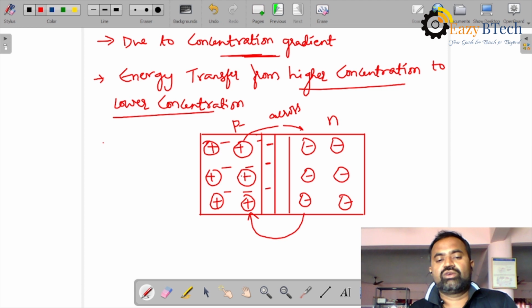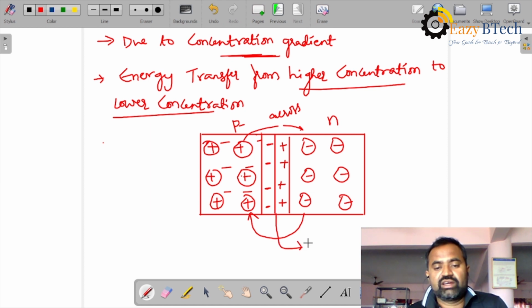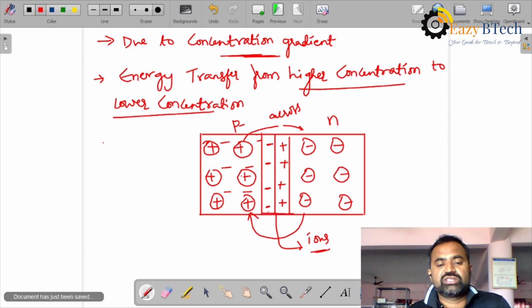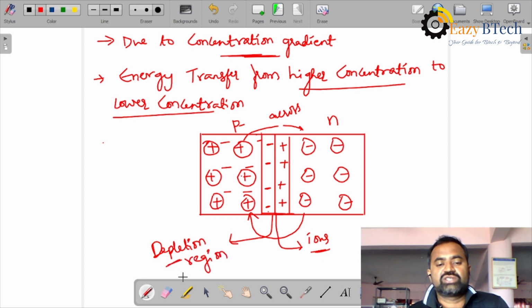Here the negative acceptor ions are on the p side of the junction, and on the n side of the junction we have positive donor ions. Due to this, it will create ions, and this region is known as a depletion region, or space charge region.